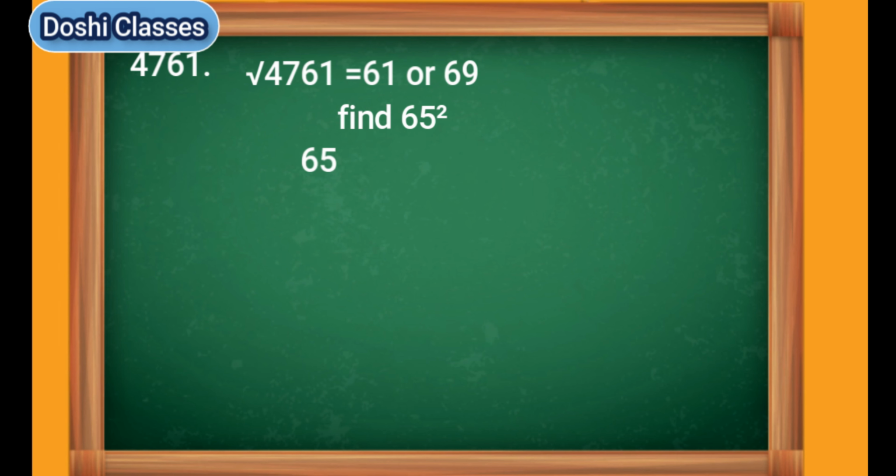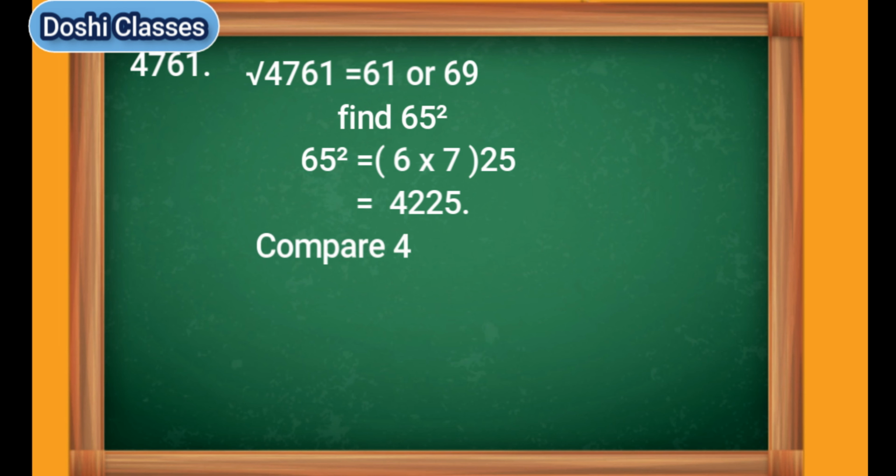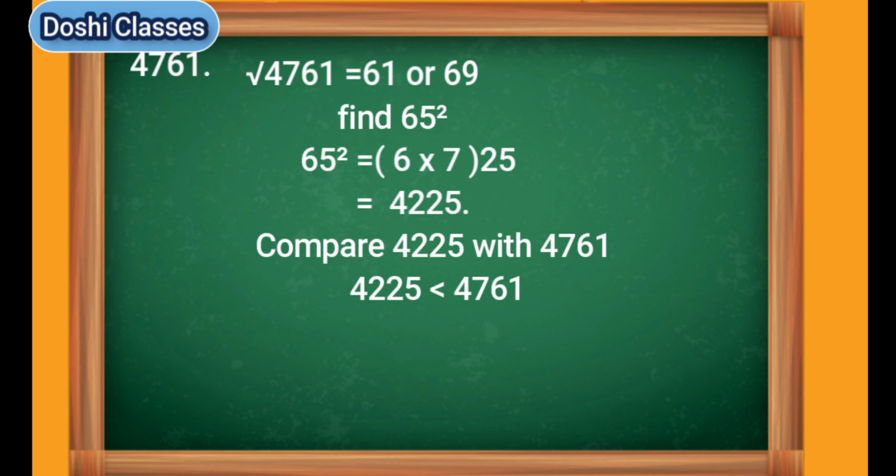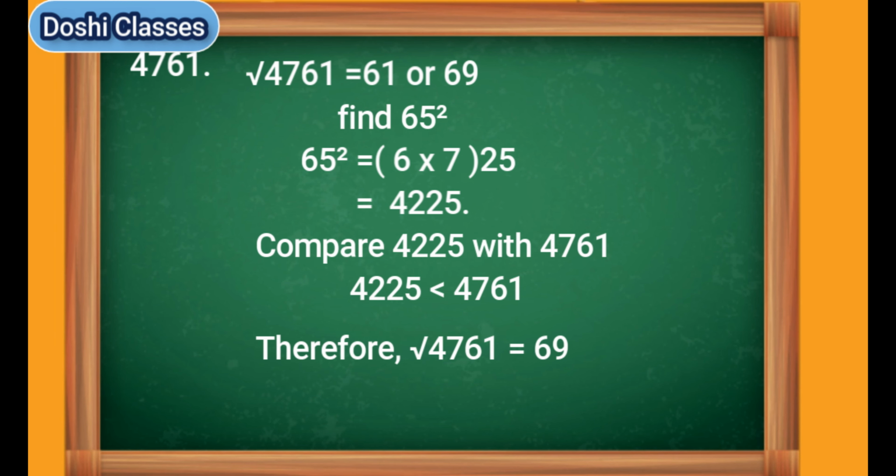Now 65 square is 6 into 7, that is 42. Now write 25, therefore 65 square is 4225. Now compare this number, that is 4225, with 4761. Now 4225 is less than 4761, therefore the root of 4761 is equal to 69.